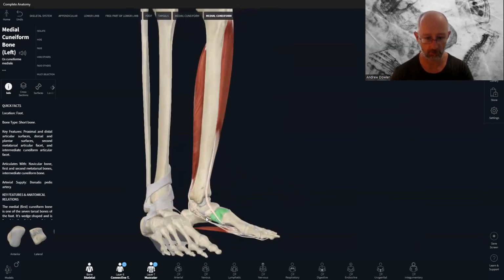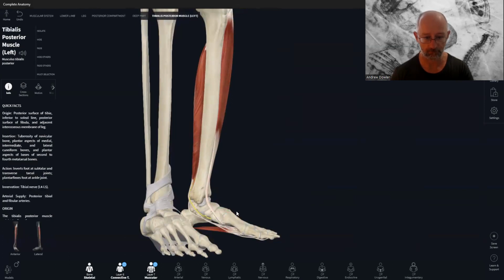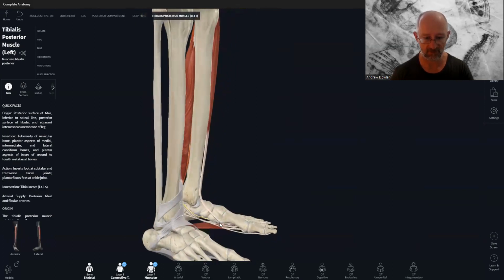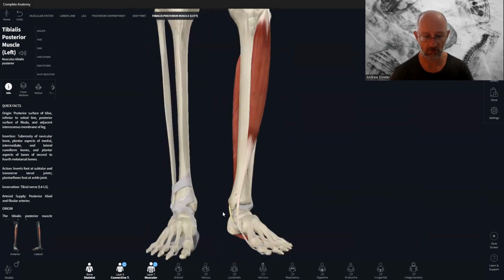So the tib anterior and tib posterior are basically next to each other, and they're pulling up on essentially the center of the arch to maintain that support.